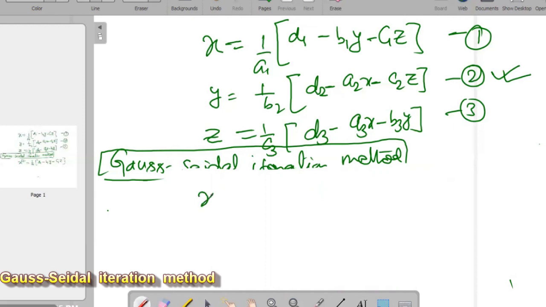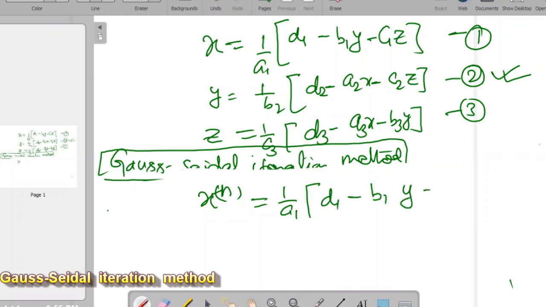The value of x in the nth iteration is 1 by a1 times (d1 minus b1y minus c1z). Here we use the values of y and z of the (n minus 1)th iteration.